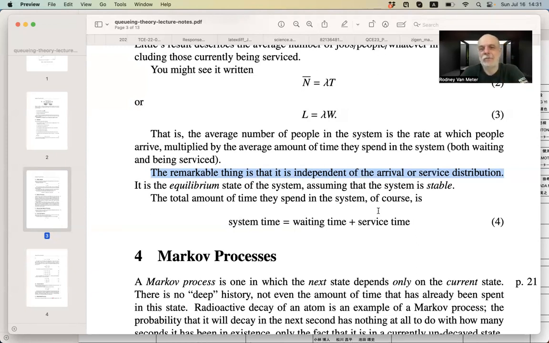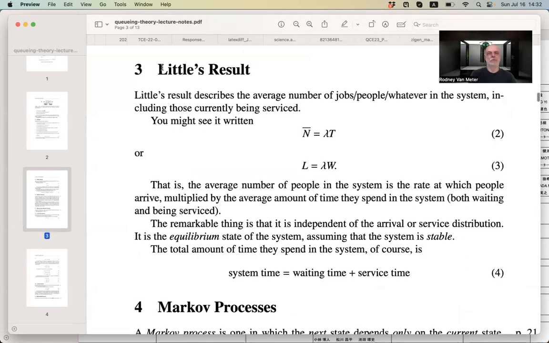None of that matters for Little's result. Same thing for the service distribution, being the amount of time they actually spend in the system. It doesn't matter if they all take exactly the same amount of time, or if the time it takes you to deal with one particular customer is random, sometimes short and sometimes long. None of that matters to the validity of Little's result.